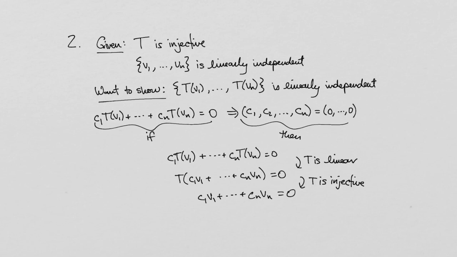But since the v's are linearly independent by assumption, the only linear combination of them which is equal to the 0 vector is the one with all weights 0. Therefore, the list T(v1) up to T(vn) is linearly independent.